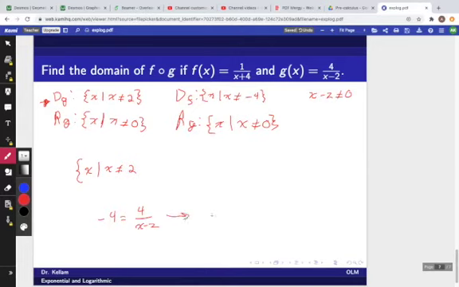We can rewrite this as x minus 2 equals negative 1, and that will give us x equals negative 3. Nope, not negative 3, positive 1. I can do math, I promise. x equals positive 1. So that means our domain also does not have 1 in it.